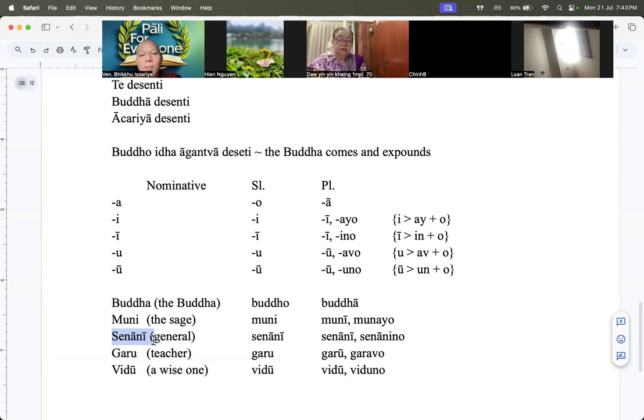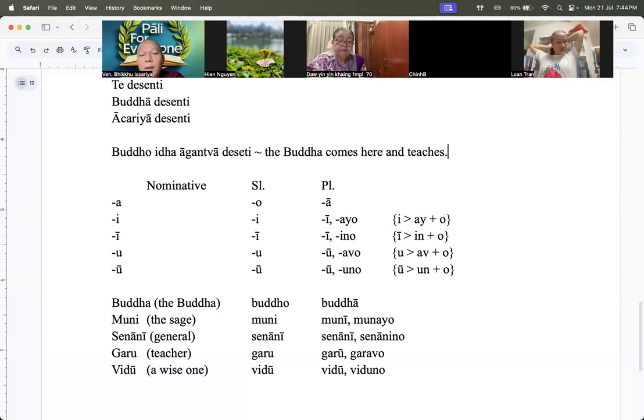So the Buddha comes here and expounds, or teaches. Okay, maybe teaches is better. So Buddho idha agantva deseti: the Buddha comes here and teaches. Muni idha agantva deseti: the sage comes here and teaches.